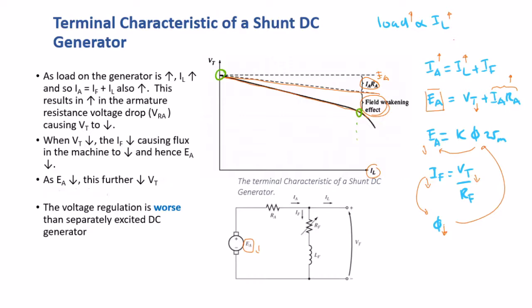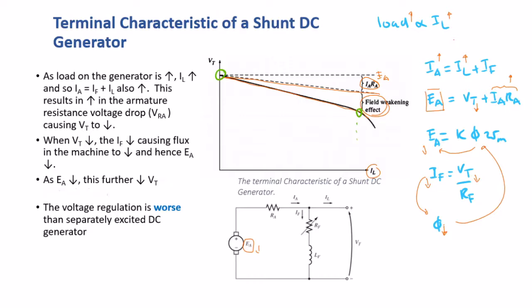Why? Because with the separately excited, the voltage across the field circuit was constant. It was not affected at all by the load. But now with this shunt DC generator, as the load is increased, the voltage across the field circuit, which is equal to VT, is actually decreasing.